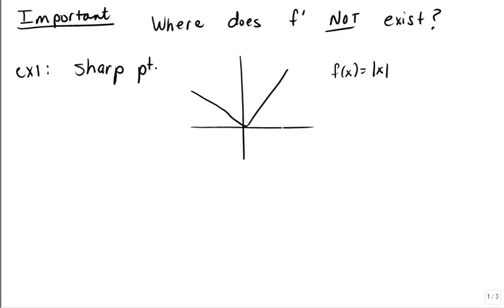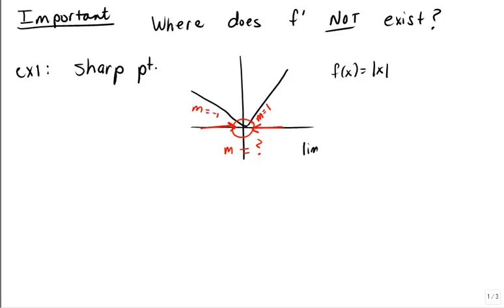Why not? Well, if you're coming in from this side, the slope of this line is 1. If you're coming in from this side, the slope is negative 1. So right here, what's the slope? You can't have two different limits. Remember, the derivative has a limit in it.